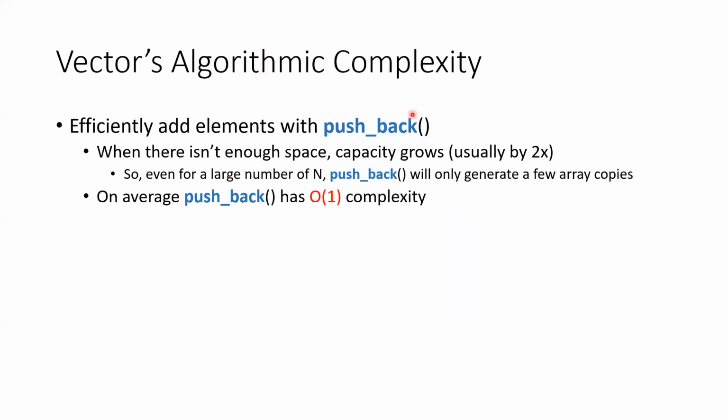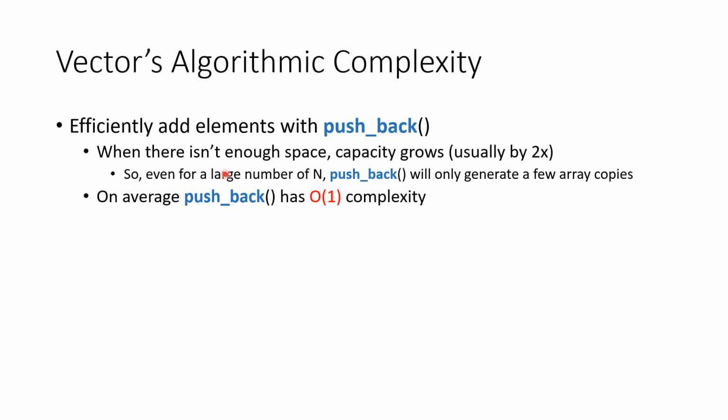So the complexity of this algorithm is not as much, actually. It was just an arbitrary value. It's usually a factor of 2. So when there isn't enough space, the capacity will grow by 2.